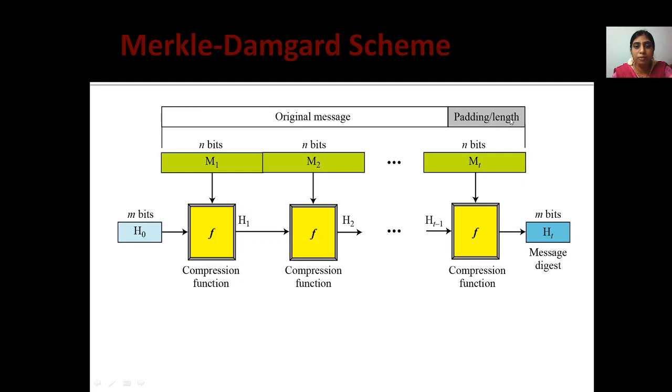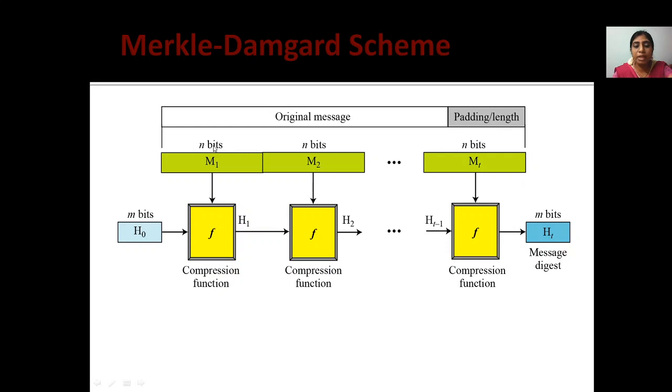Suppose you are taking 1024 bits like in SHA, then we take the original message as 128 bits and pad the remaining bits up to 1024 with ones and zeros. Once this message length has been achieved, we divide it into equal blocks, called M1, M2 and so on till MT.